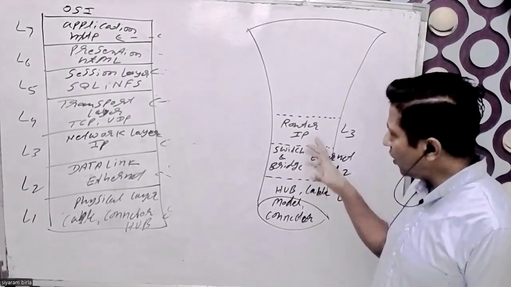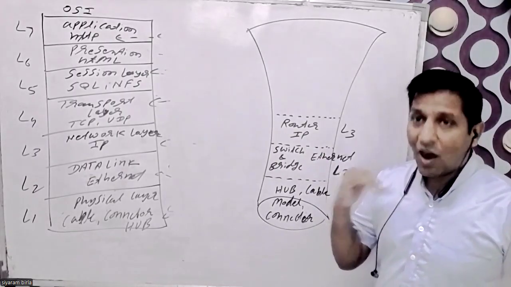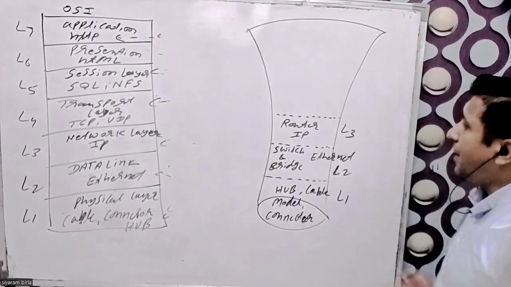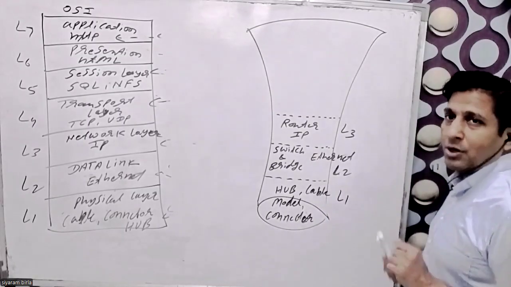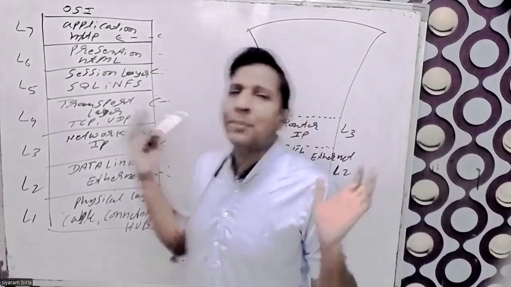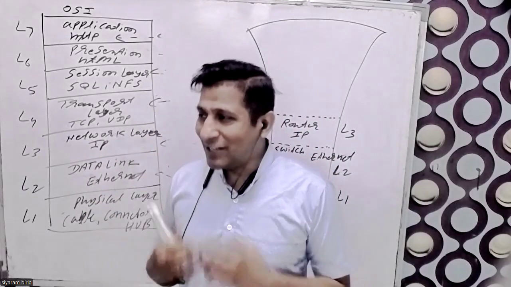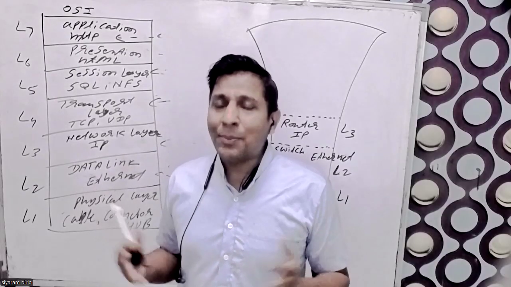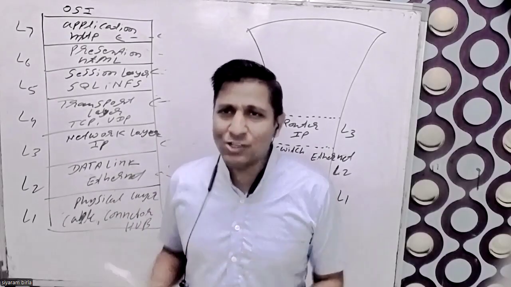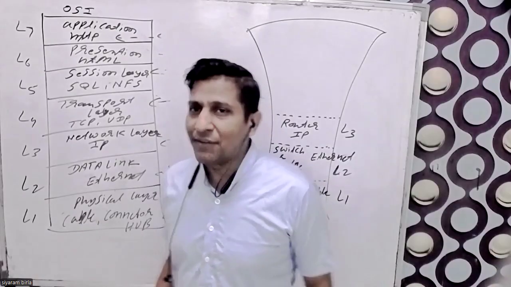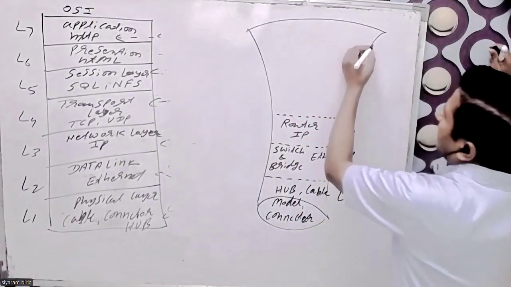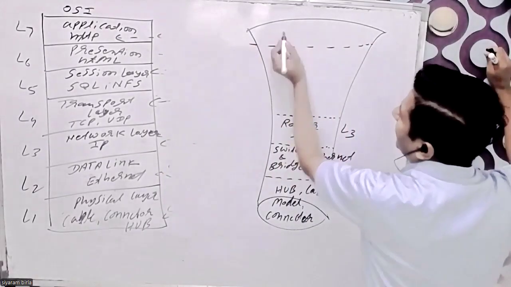So at layer 3, the router is working. And beyond this, at the top, are devices having all the capability, all the routing function, all the switching function, everything is available. That works at the top layer.